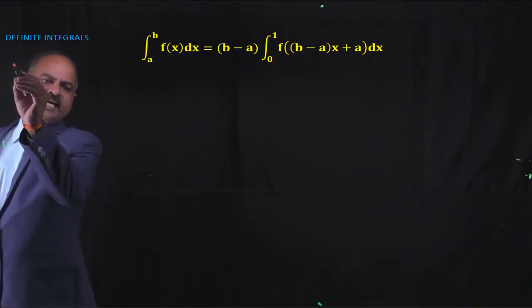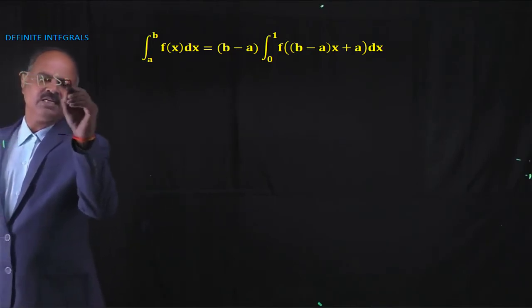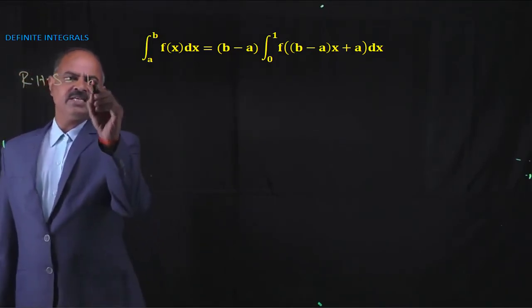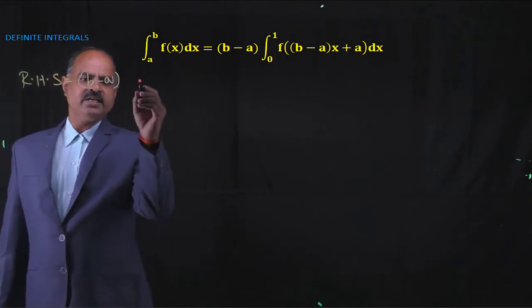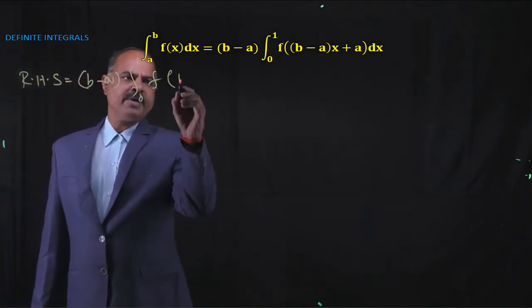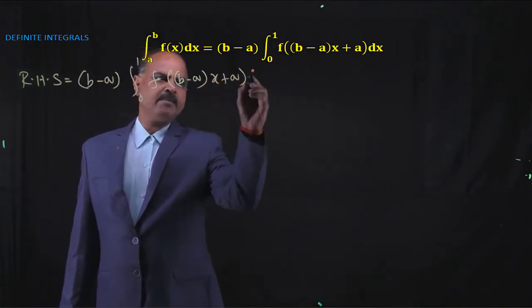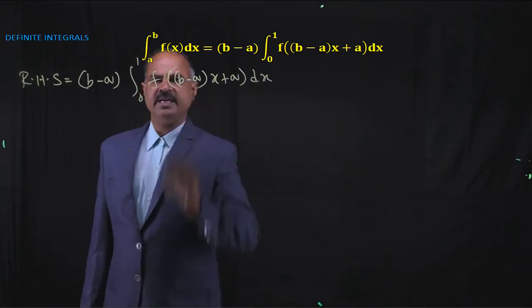First, take the RHS, that is equal to (b minus a) times integral 0 to 1 f of ((b minus a) x plus a) dx.